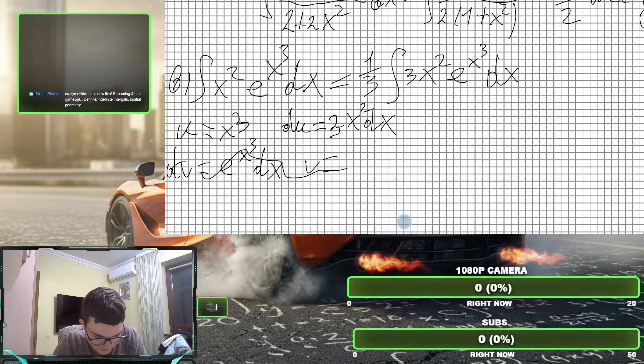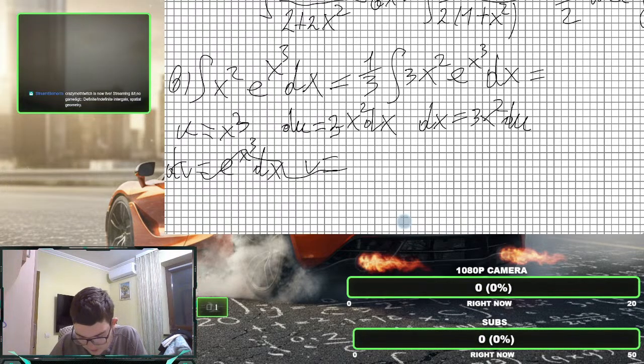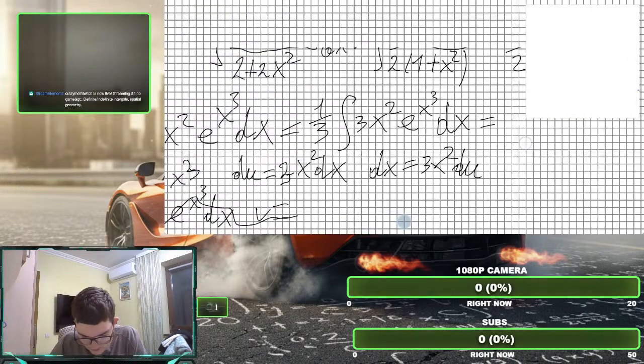So it's just, also dx here will be 3x to the second power du. So it's like dx there, so it cancels out somehow, I don't know.